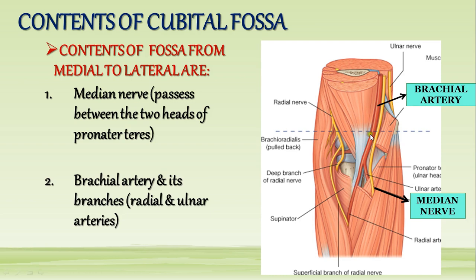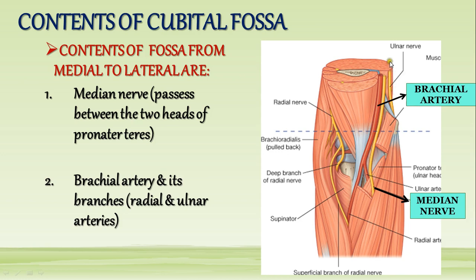You have to remember the contents along with their relationship, that is, which content is most medially present. When you open the cuboidal fossa, you will find that the median nerve is present in the most medial location. The most medial structure present in the cuboidal fossa is the median nerve.